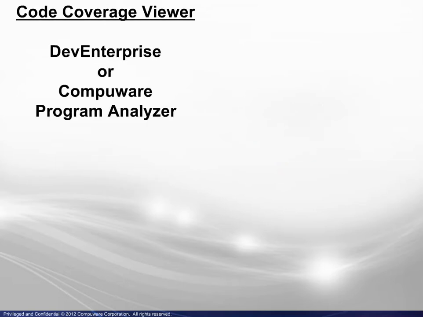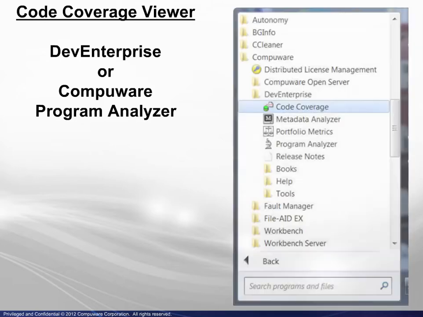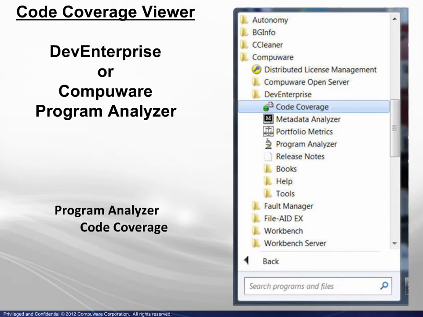The Code Coverage Viewer is accessible from Dev Enterprise or from the Compuware Program Analyzer. In this example, we go to the Start menu and navigate first to Compuware, then Dev Enterprise, then Code Coverage. For some users, the path will be Program Analyzer, then Code Coverage.